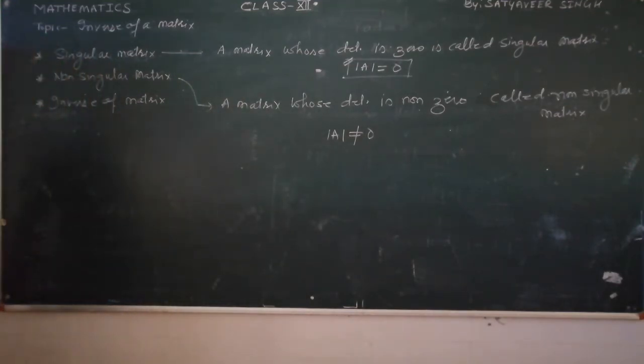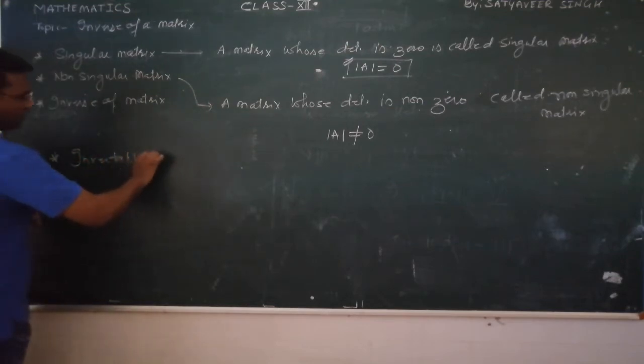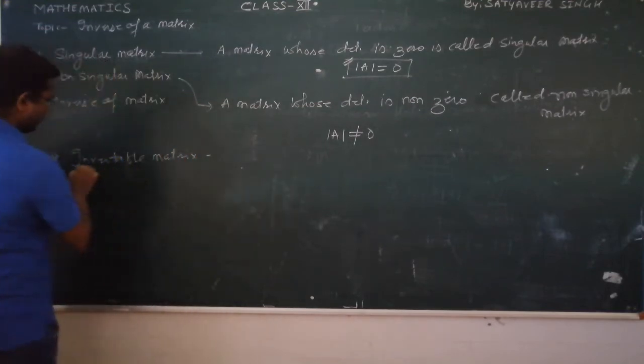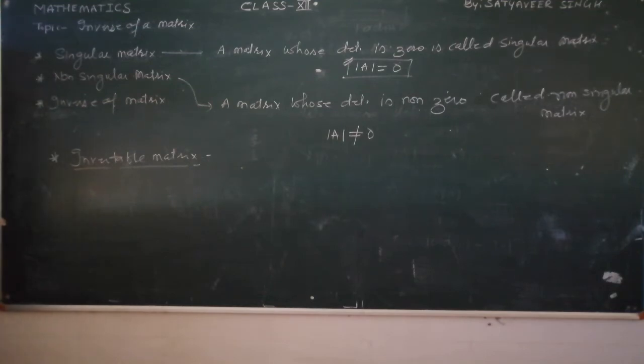And for the condition of the invertible matrix, we have discussed previously, while I discussed with you how to find the inverse of a matrix by elementary row operation or column operation, invertible matrices: a matrix whose inverse we can find we call an invertible matrix.